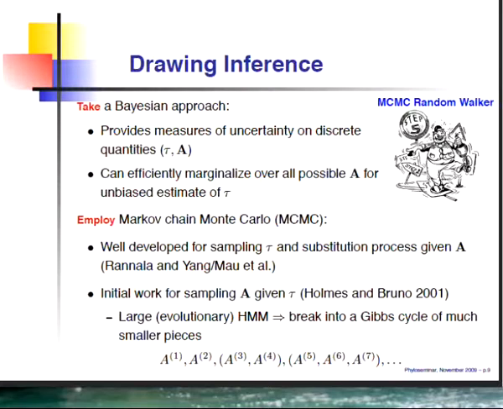So Ian's key insight to the problem of, I know the tree, how do I sample the alignments, comes down to breaking this whole tree up into a number of very small updates in a Gibbs cycle. So instead of trying to infer the homology statement amongst all of the sequences from the ends of the tree at the same time, you can just look at a small portion of the tree and do small updates.